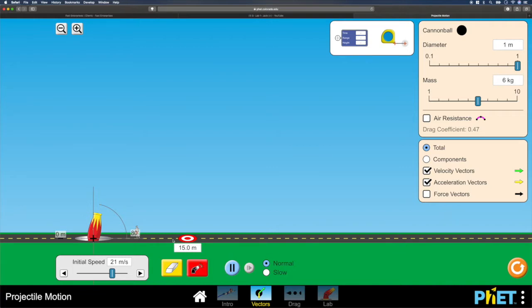So again, an important thing to note here is that we're only going to be analyzing the ball's motion as it crosses this midpoint right here, because this midpoint is essentially when the ball goes into free fall.